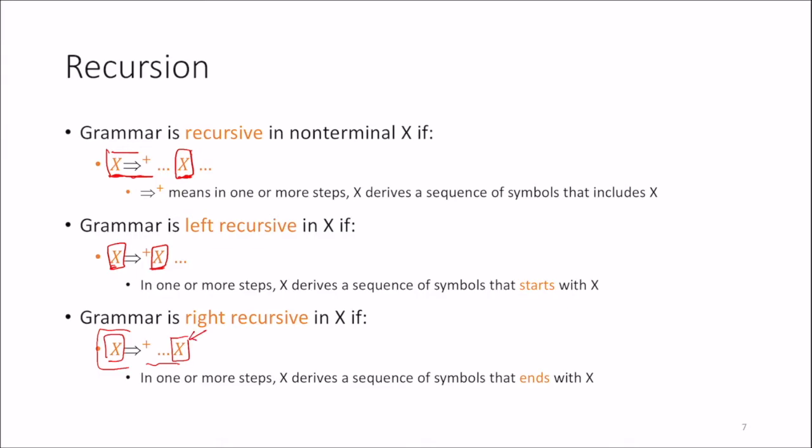Notice that this expands leftward and this expands rightward. Left recursion fills more material in on the left corner, and right recursion fills in more material on the right corner. So it's building a tree that is left branching in left recursive cases and right branching in right recursive cases. We'll look at some examples.